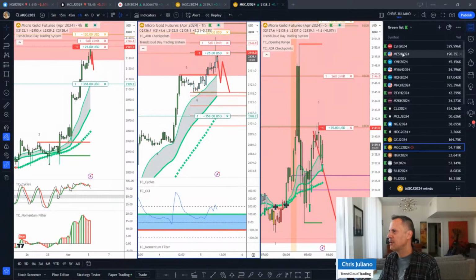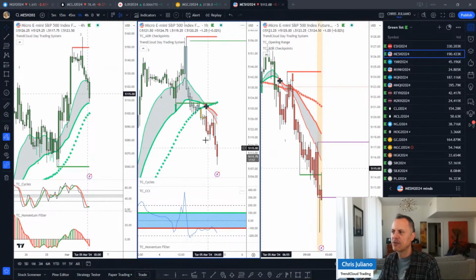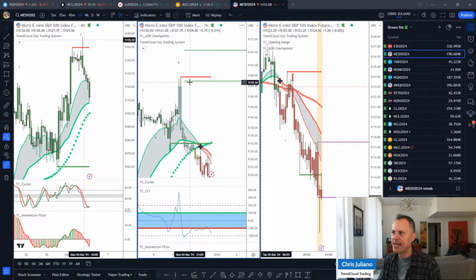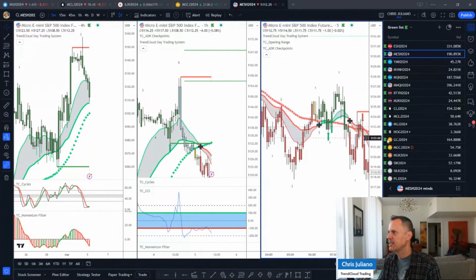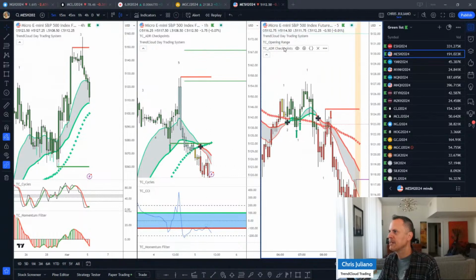Check out micro S&P. Wow. Now we've hit that ADR checkpoint. When did we hit that sucker? When did we hit that ADR checkpoint? Oh, okay.